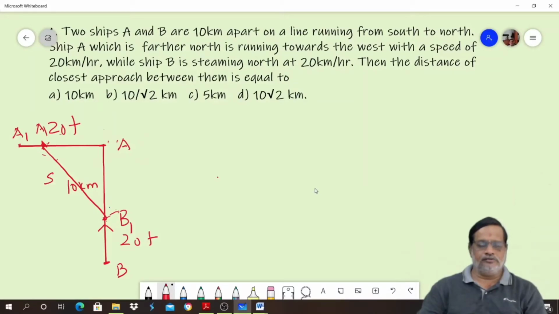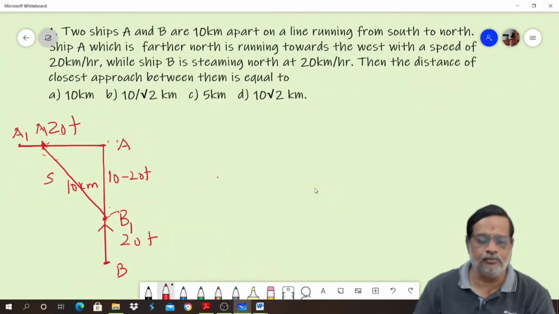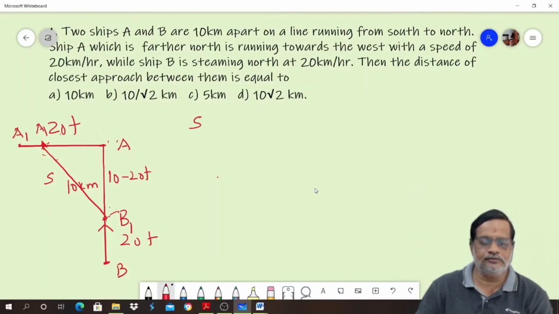So the remaining distance is 10 minus 20t. In order to calculate S, we can apply the Pythagoras theorem. So let us write S square equal to 20t the whole square plus 10 minus 20t the whole square. Let us expand this.